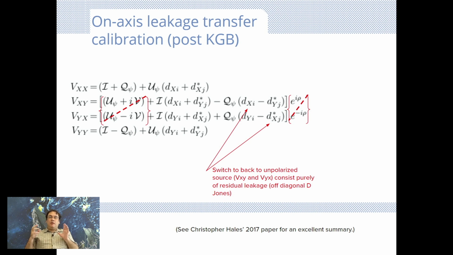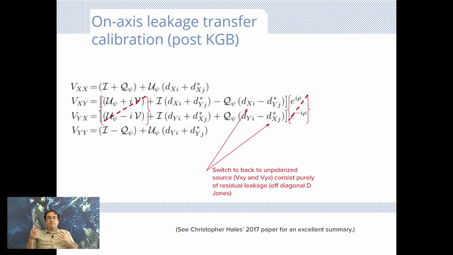All right. If we solve for those sources of error, these phase terms e to the power of rho and e to the power of minus rho in the XY and YX correlations fall away. So we're left with typically just a bit of leakage. On the MeerKAT system, the cross-hand phase is typically orders of magnitude larger than leakages.